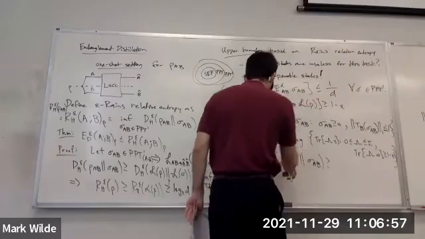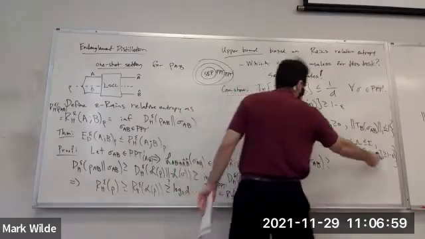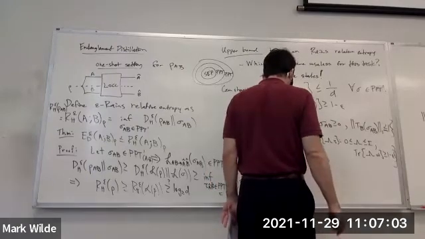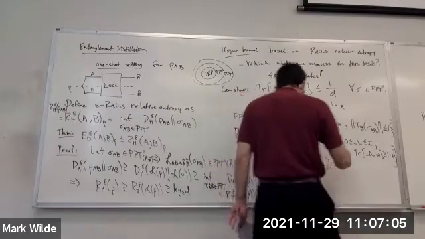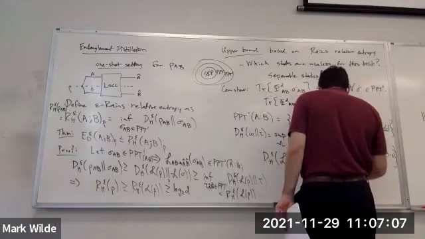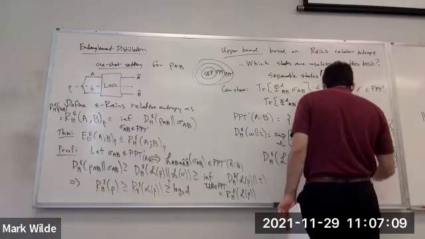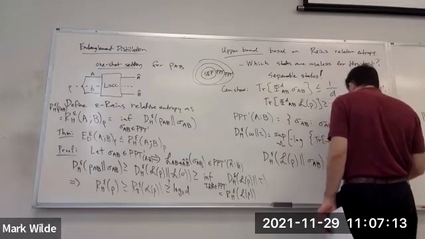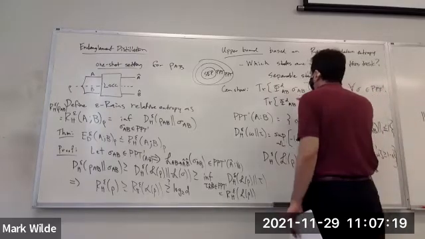So then L of rho can go here, right? And then this will get us negative log trace of phi d. We should put the hats on.